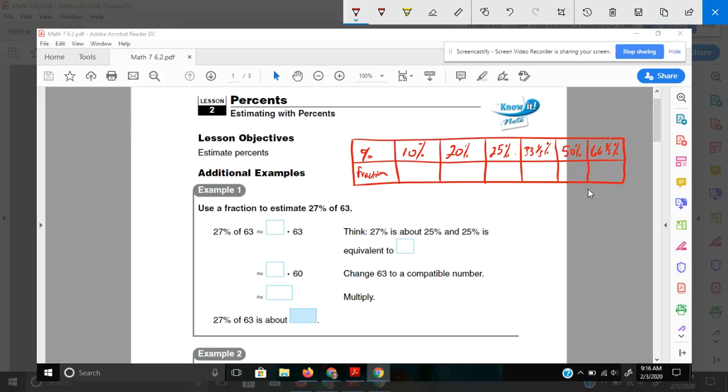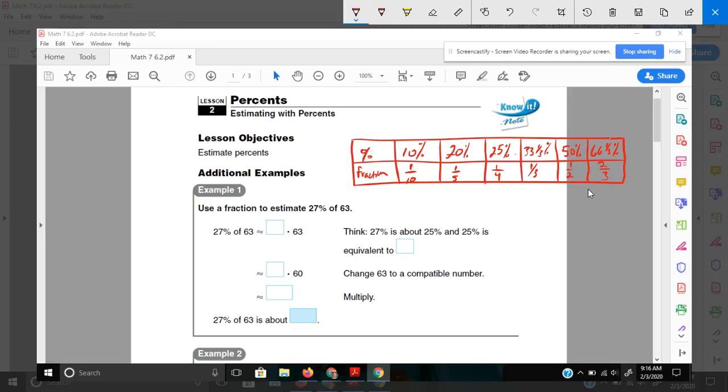So if I said 10%, that's the same as 1/10, or 1 out of every 10. 20% is 1 out of every 5, or 1/5. 25%, I'm thinking about quarters, because a quarter is 25 cents. So that's 1 quarter out of a total of 4 to make $1. 33 1/3% is 1/3. 50% is half, and 66% would be then 2/3.